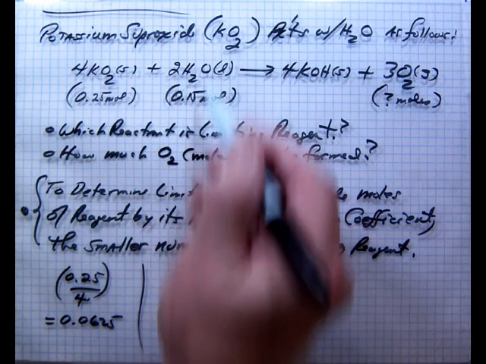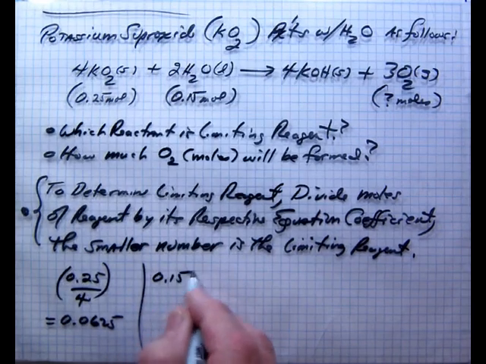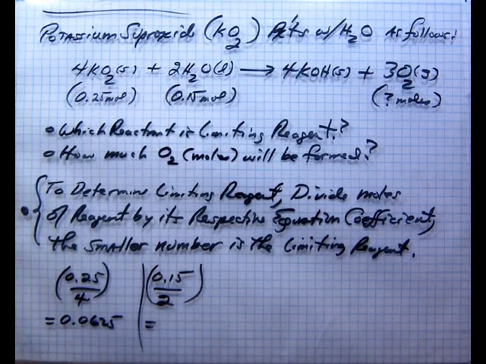Then you take the water moles, 0.15 divided by 2, to get 0.075. See what I did? Coefficient divided by the given mole for each of the reactants. The smaller number is your limiting reagent.